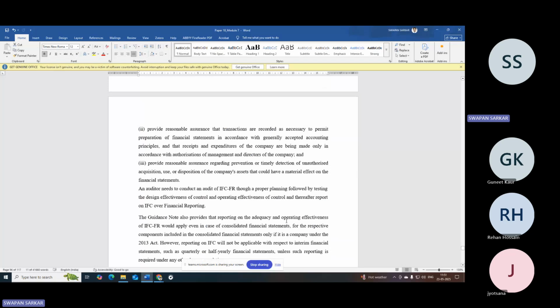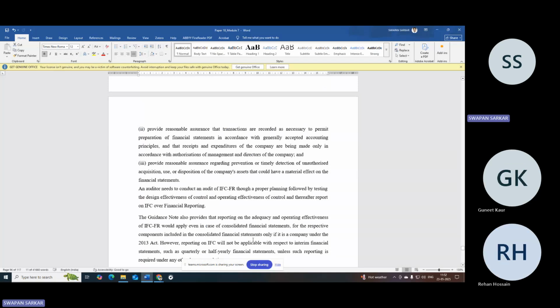Secondly, provide reasonable assurance that transactions are recorded as necessary to permit preparation of financial statements in accordance with the generally accepted accounting principles, and the receipts and expenditures of the company are being made only in accordance with the authorizations of the management and directors of the company. Next, thirdly, provide reasonable assurance regarding prevention or timely detection of unauthorized acquisition, use, and disposition of the company's assets that could have a material effect on the financial statements.